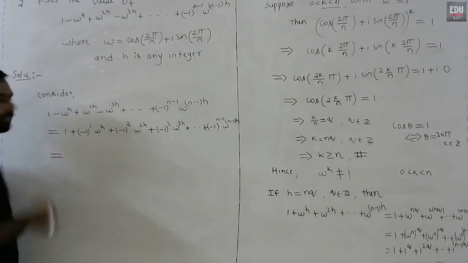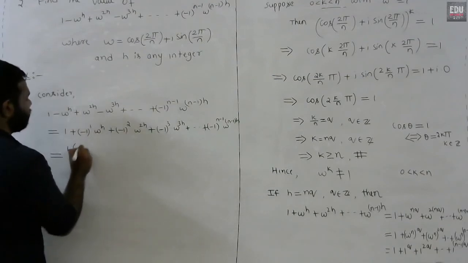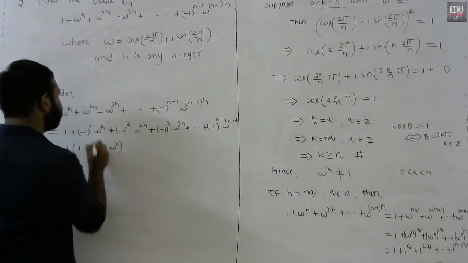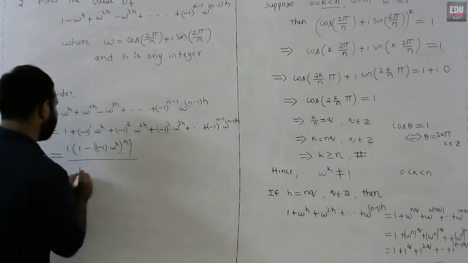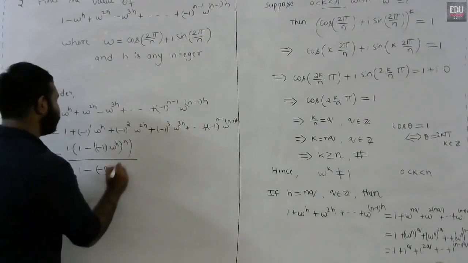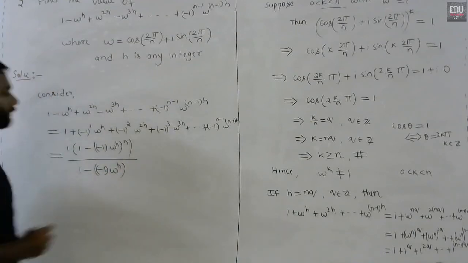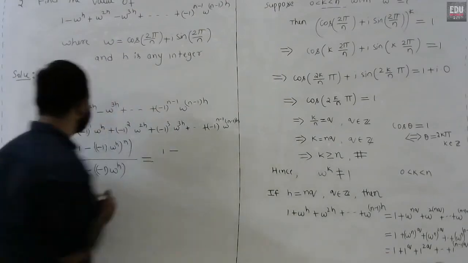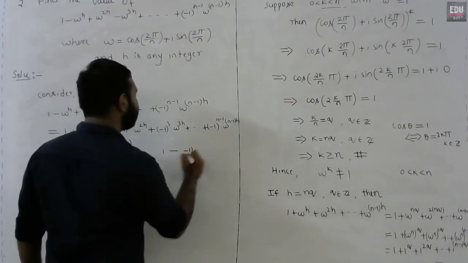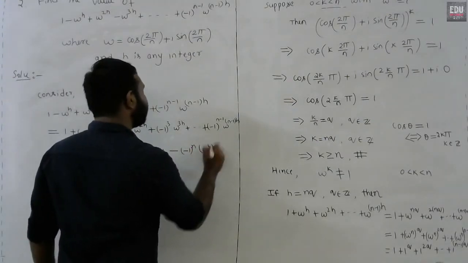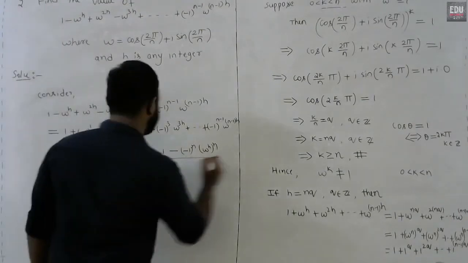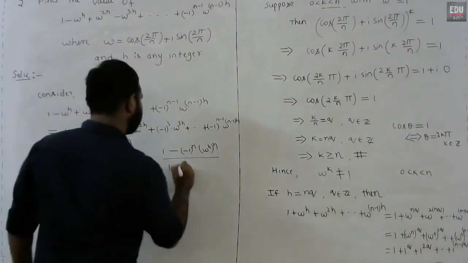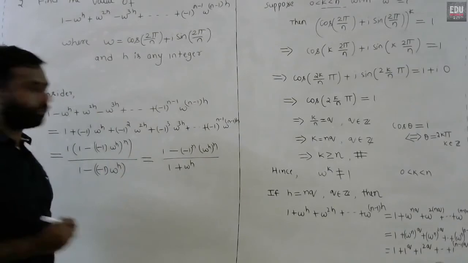So the sum will be 1 into 1 minus r to the power n divided by 1 minus r, where r is minus 1 into omega power h. Now 1 into anything is itself. So 1 minus minus 1 to the power n into omega power h whole power n, divided by 1 minus minus omega power h, that is 1 plus omega power h.